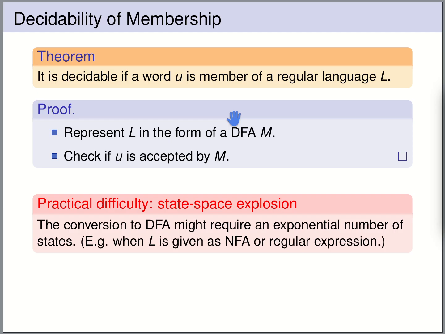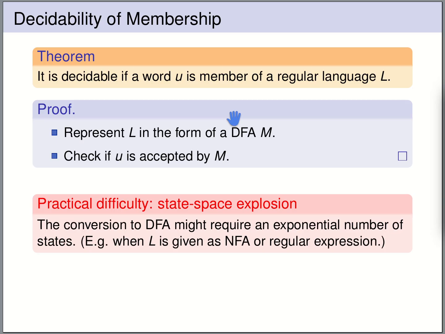If you remember, for converting a non-deterministic finite automaton into a deterministic finite automaton, we've used the power set construction. So the states of the deterministic automaton are sets of states of the non-deterministic one. And if the non-deterministic automaton has n states, then in the worst case, the deterministic automaton has 2 to the power n states. So that's an exponential increase in the number of states.